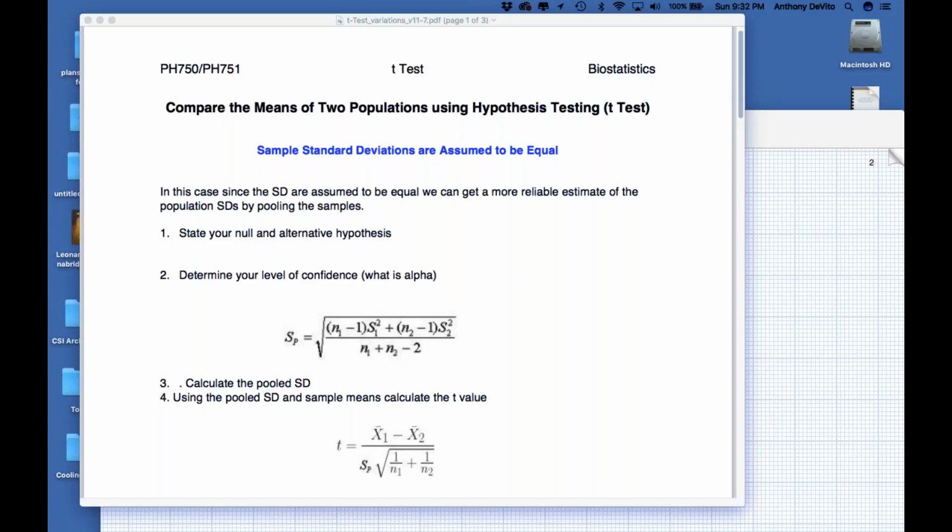Now, in real life, we really wind up, more often than not, doing two sample t-tests rather than single sample t-tests. Single sample t-tests require us to know the true mean of another population and to sample a population to compare to it.